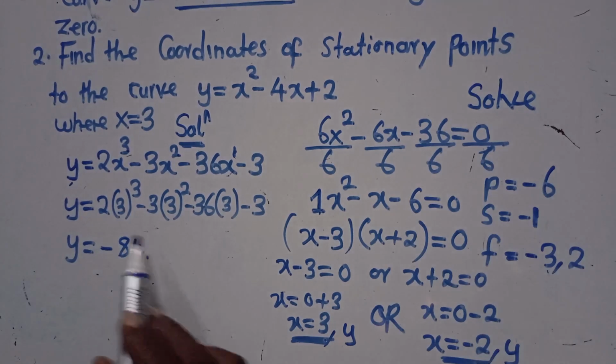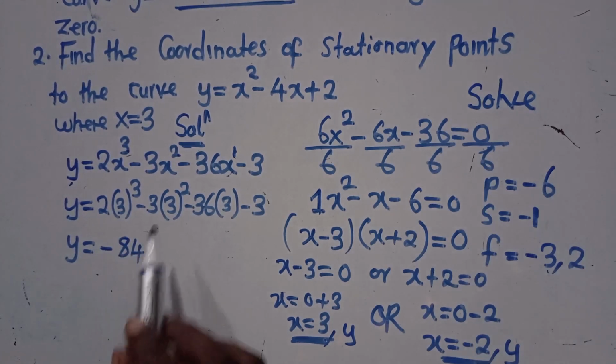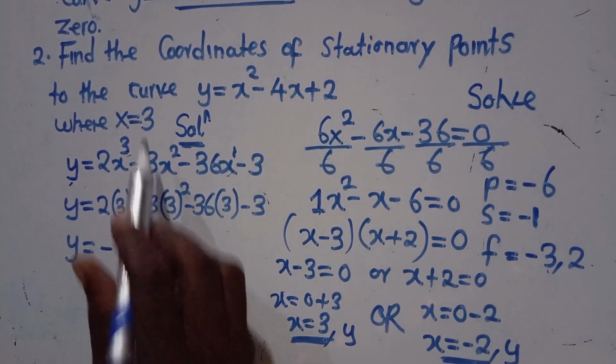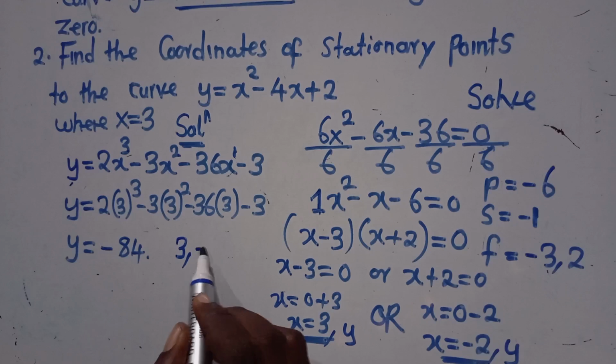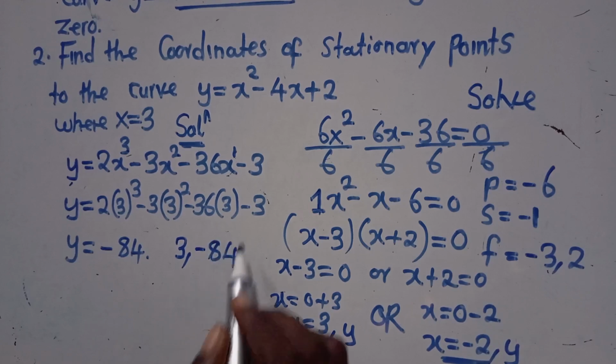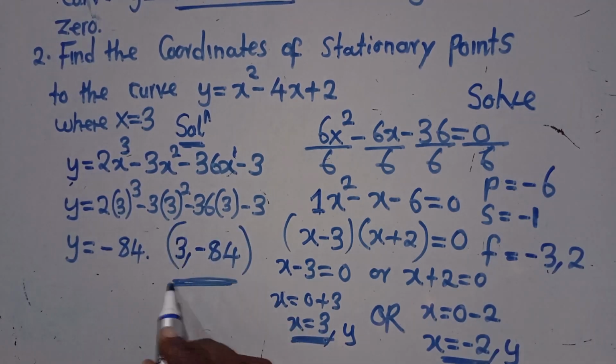So y is -84. So this answer that we found, x is 3, then y is -84. So this is our first coordinate.